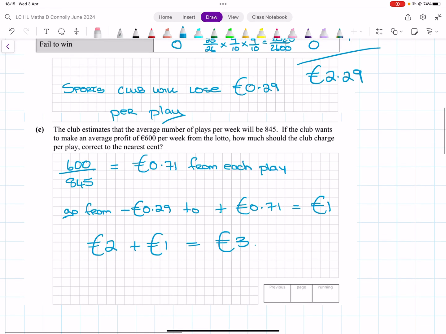If they charge €3 per play, then each play, the sports club will make 71 cent, and 71 cent 845 times is a €600 profit. So €3.